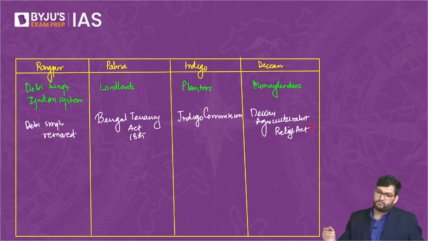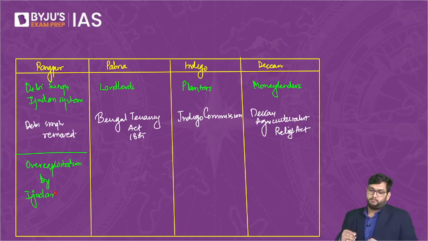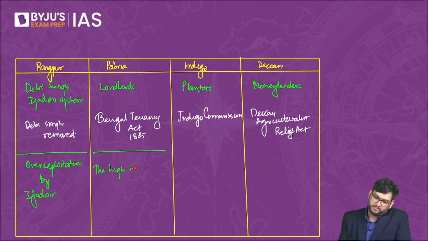Thereafter, the basic concept is overexploitation by Ijdar. Pabna is the high rent demand by the landlords.